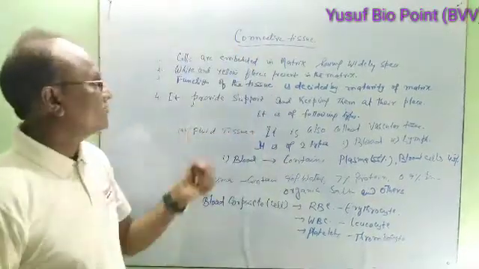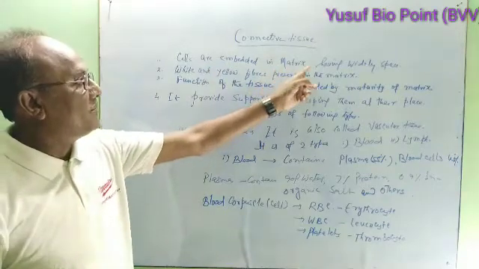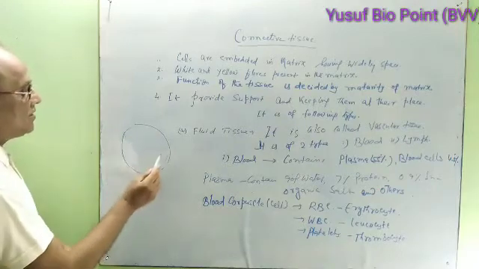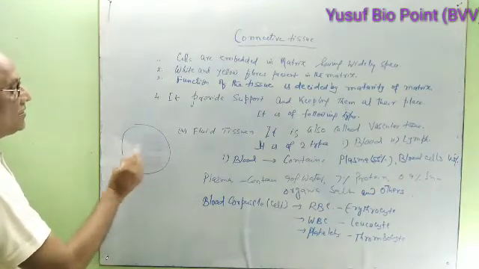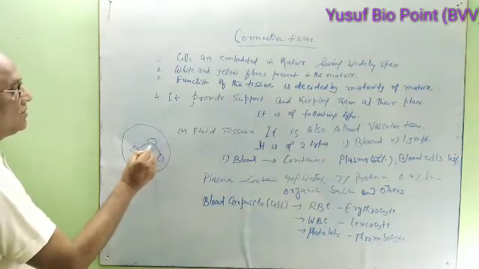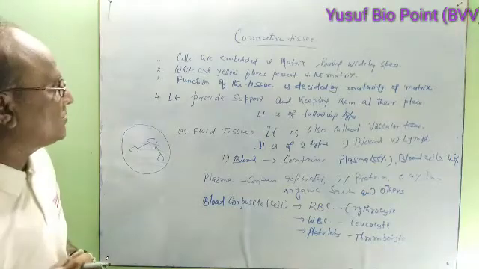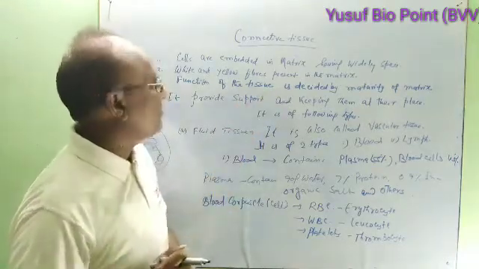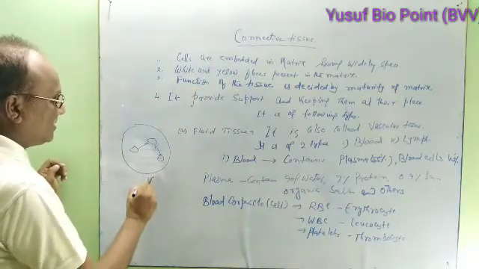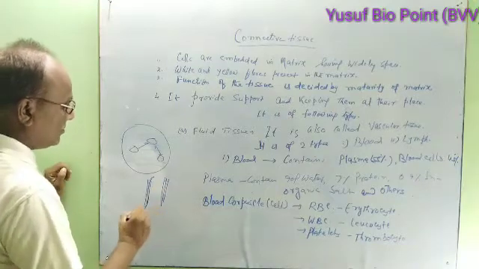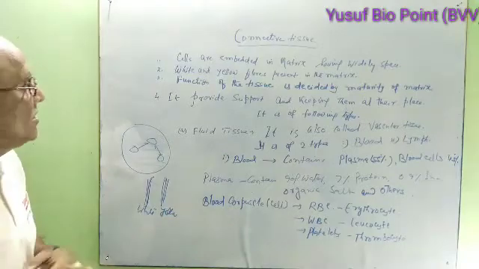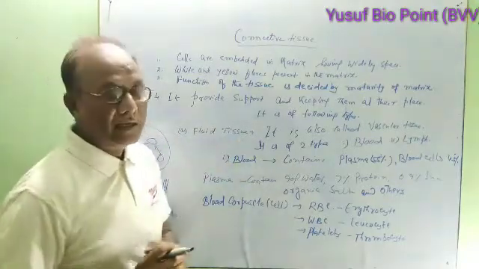Means to connect. First, in this tissue, cells are found in the matrix, widely spaced. Suppose this is the matrix in which cells are embedded. The cells are found with wide spaces between them. There are two types of fibers, white fibers and yellow elastic fibers.